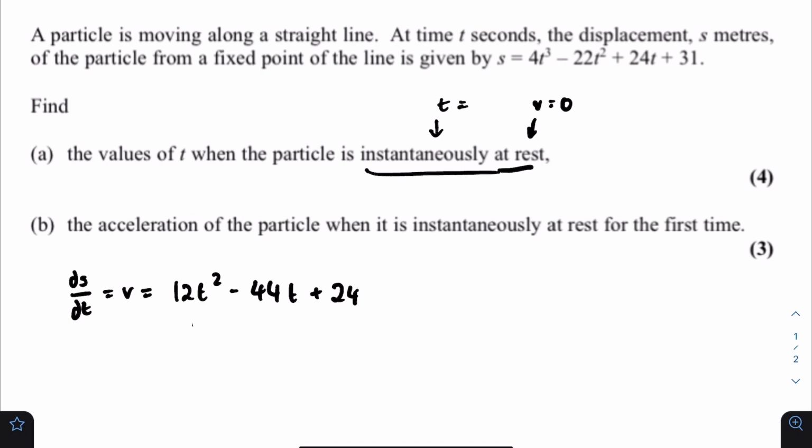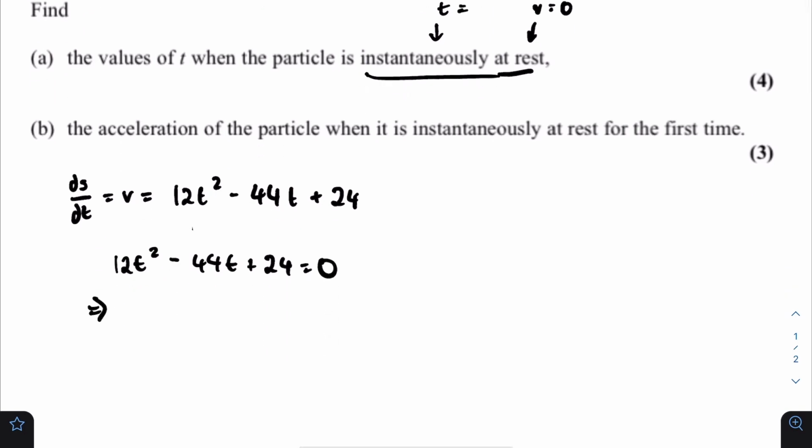So we equate this to 0: 12t squared minus 44t plus 24 equals 0. We're going to solve this equation to find the roots. We can divide everything by 4 because each term is divisible by 4. So we get 3t squared minus 11t plus 6 equals 0, because 0 over 4 is still 0.